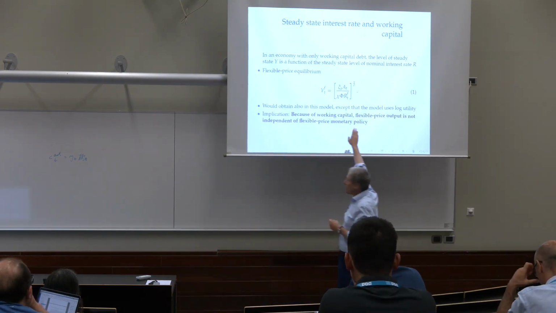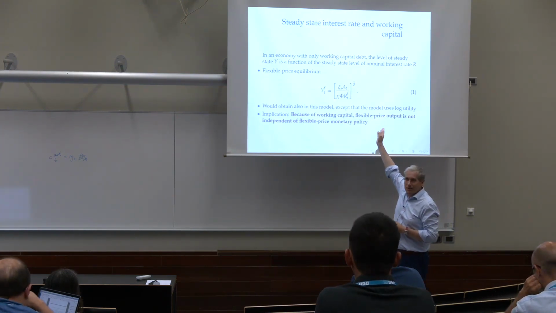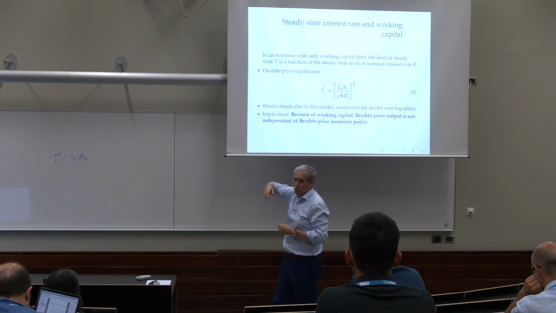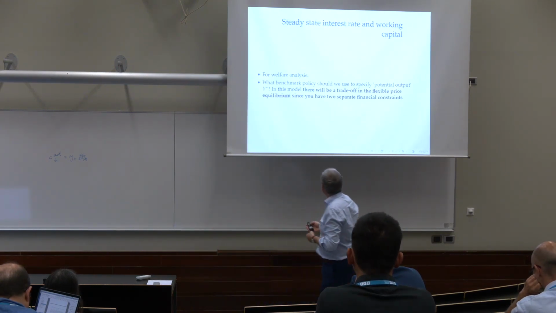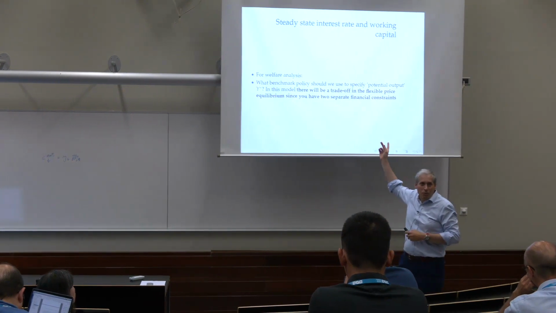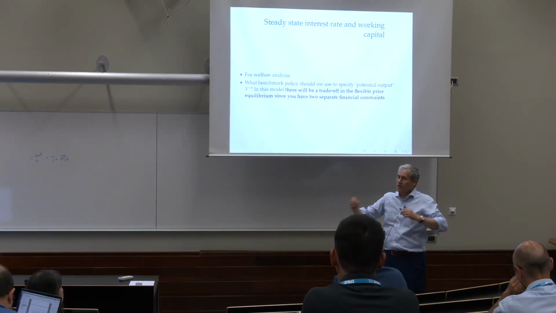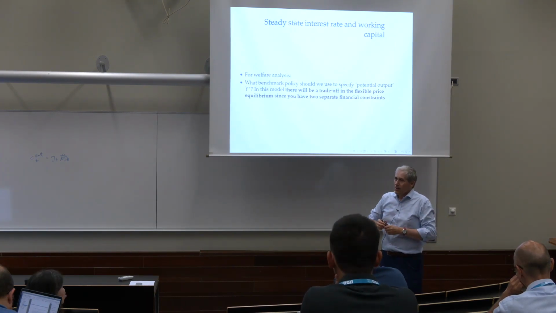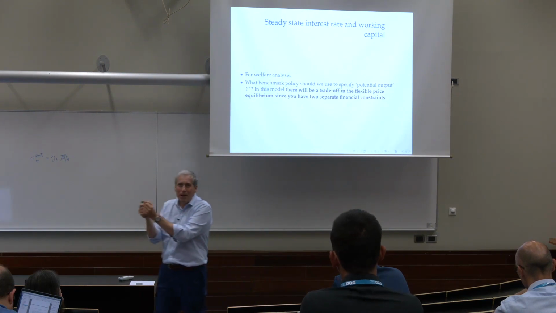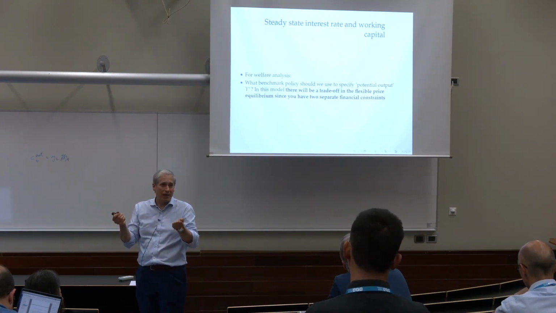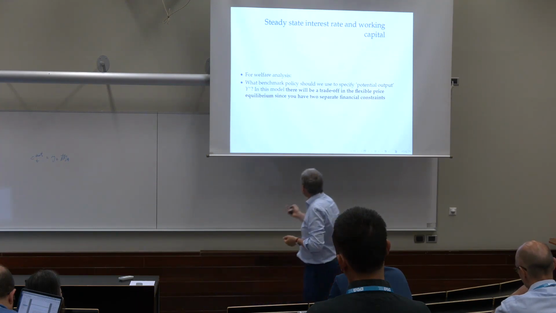If I only have the working capital, it's very easy, because you want to set the interest rate to zero. But now you have two financing constraints, so that's not true anymore. Now you have a trade-off also in the flexible price equilibrium between one financing constraint and the other. So now you've got to think really hard about what my benchmark, my potential output, is and how I define it, because it's not straightforward. Okay, so that's one.